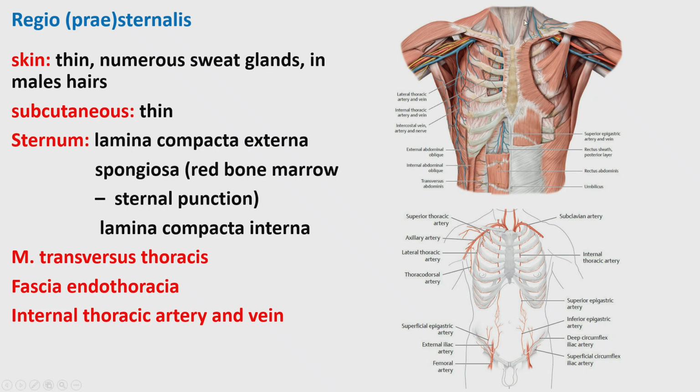And as I mentioned before, approximately 1-2 centimeters lateral to the edge of the sternum, you find the passage of the internal thoracic vessels, vein and artery, so you go in the parasternal line and open a window in this area and you can find the course.